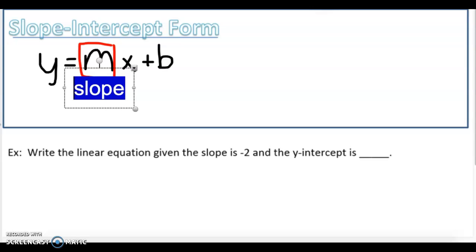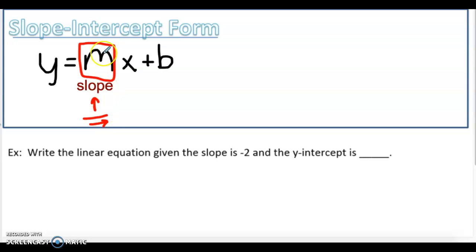So the slope is our change in y over our change in x. So it's how much it's going up or down versus how much it's going left or right. So up, over, to the right. Whatever that number is in front of the x, we can identify that.